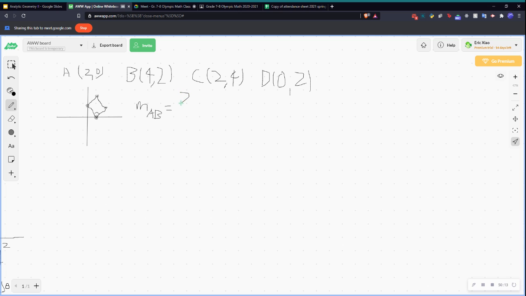Remember, slope is the difference between your y coordinates divided by the difference between your x coordinates. So this would just be 2 over 2, and that gives you 1, right? Let's look at the distance as well. Let's call it DAB.